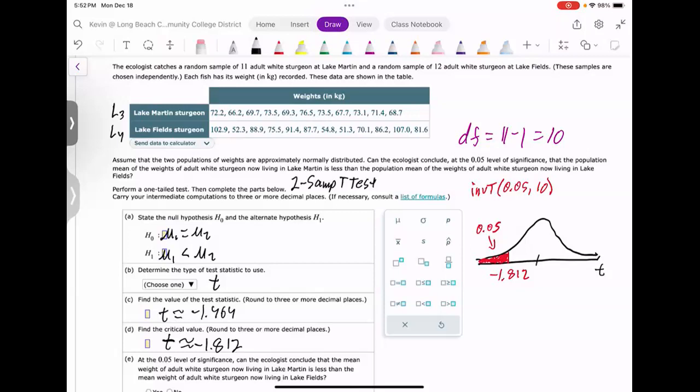And I can see that my test statistic is just outside of the critical region. So I'm right there. Close, not quite there. So we are going to fail to reject the null hypothesis.